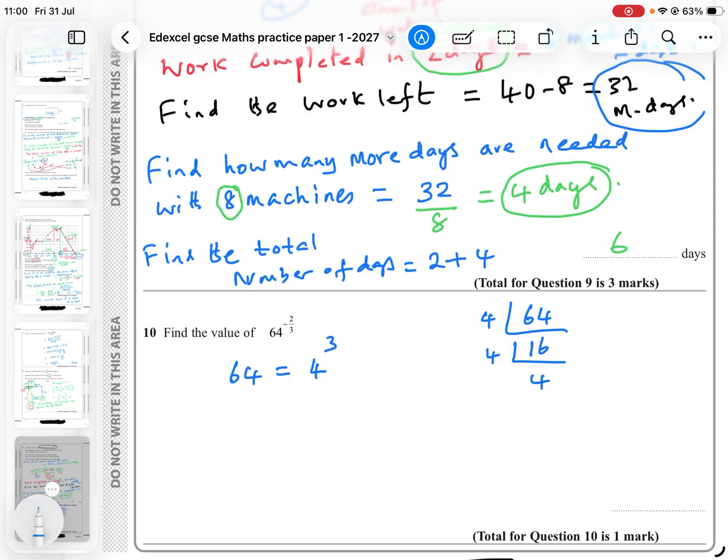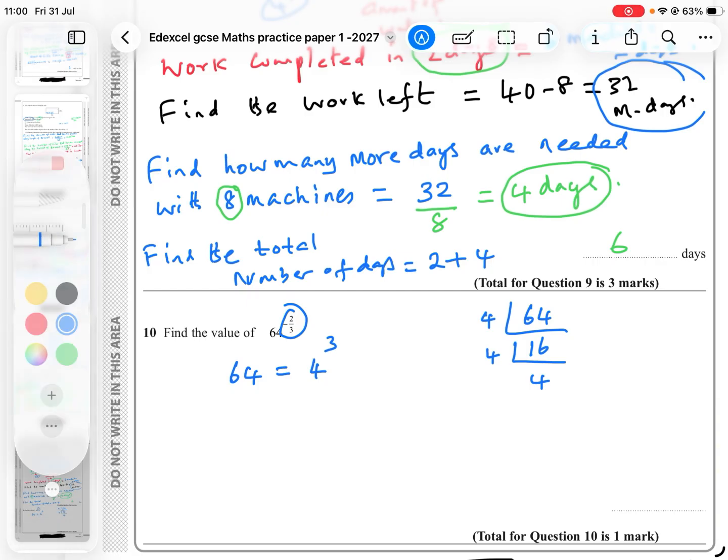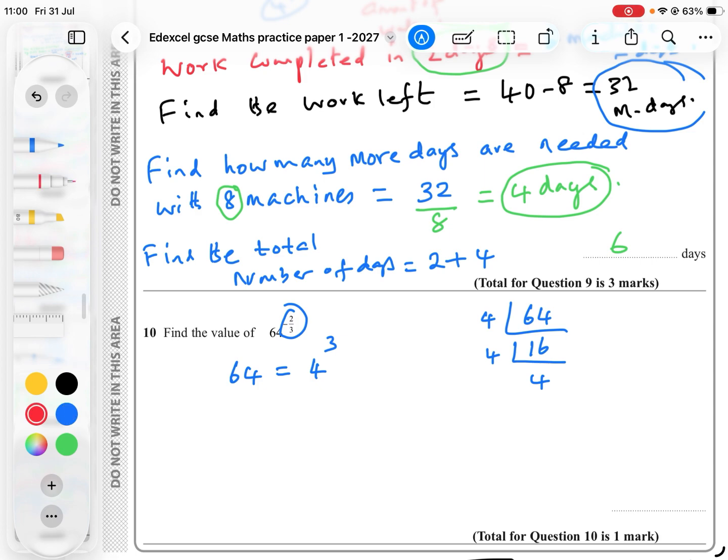The reason why you have to write 4 to the power 3 is that the denominator 3 in the fractional index cancels with the power of 3.